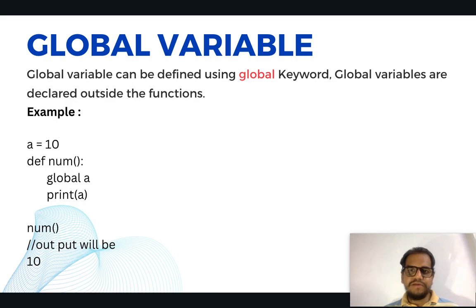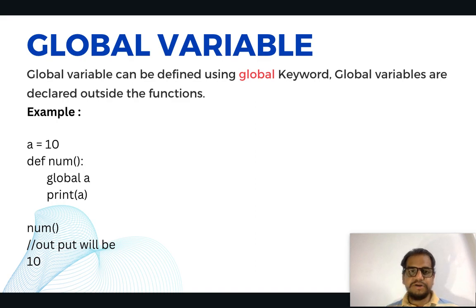A local variable is declared inside the function, and a global variable is declared outside the function. This is a major difference. The second difference is that a global variable needs the global keyword when it is used inside the function. So this is the difference.